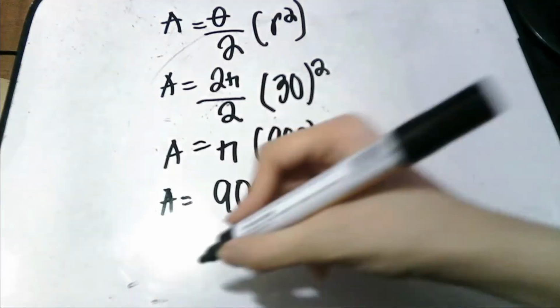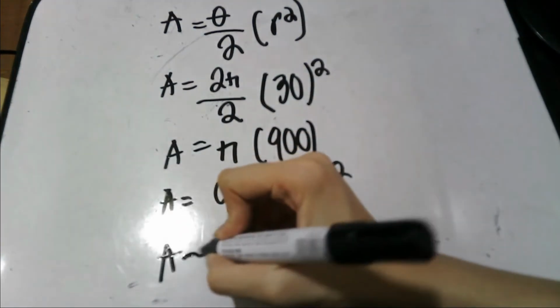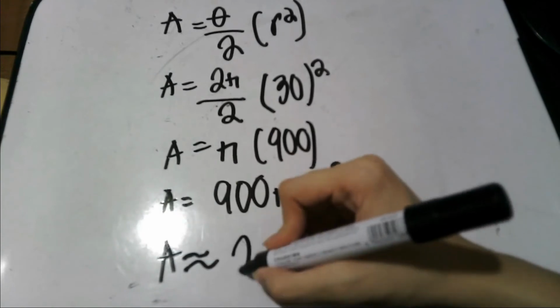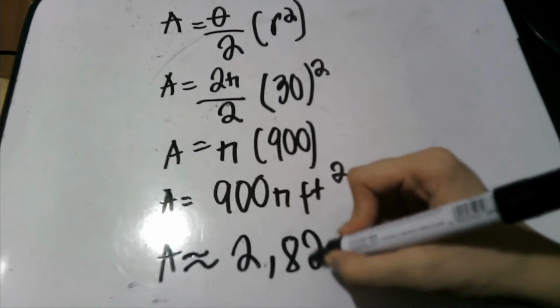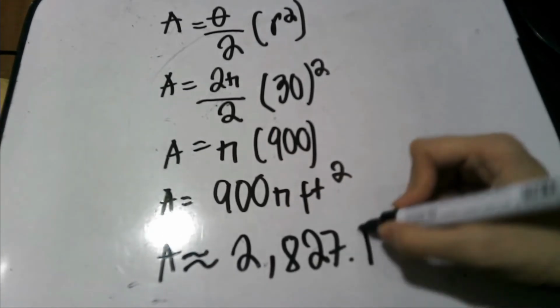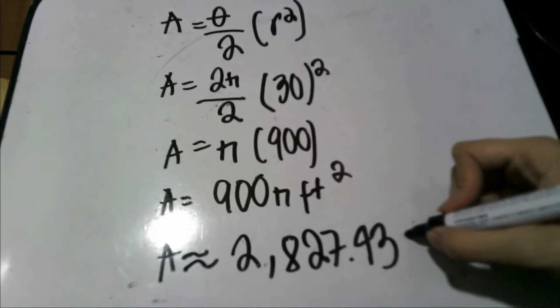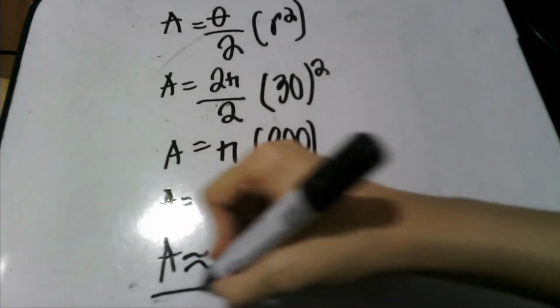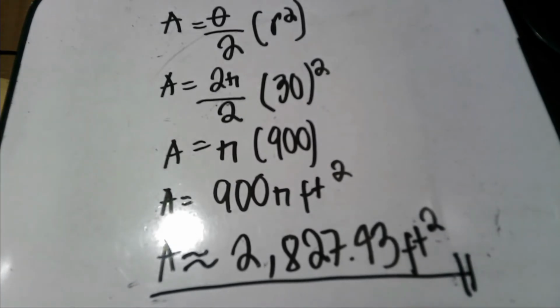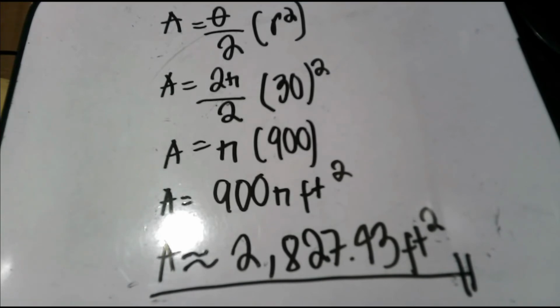So the approximate number is 2,827.43 square feet. So the area of the sector being watered is 2,827.43 square feet. And if you got the correct answer, bravo to you! And if you got it wrong, just keep on going.